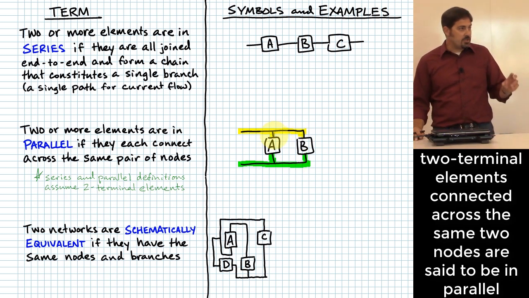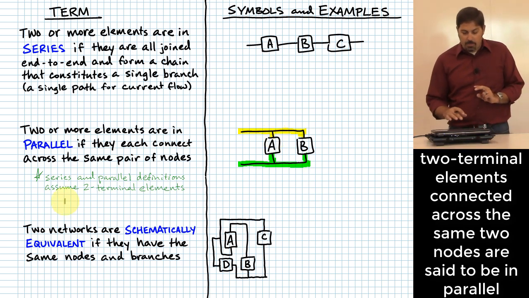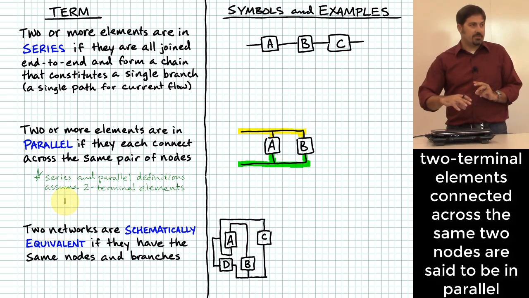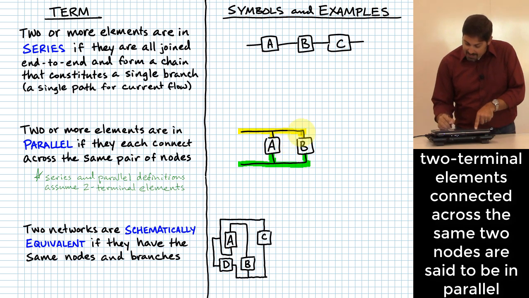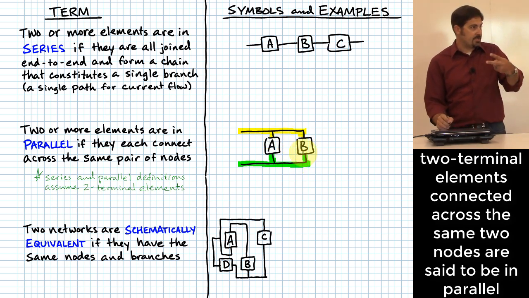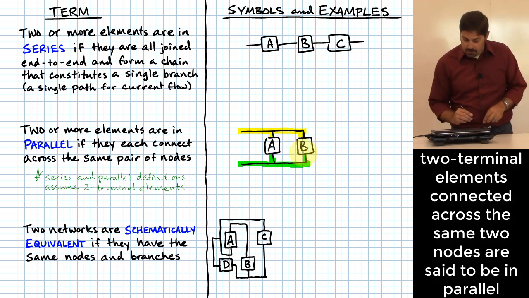A and B are two-terminal elements, which, by the way, I didn't really make a big deal of, but I did write it as a note up here. Both series and parallel formulations like this presume that the elements that you are dealing with are two-terminal elements. Okay? So anyway, here we have A and B both connected across the same pair of nodes.